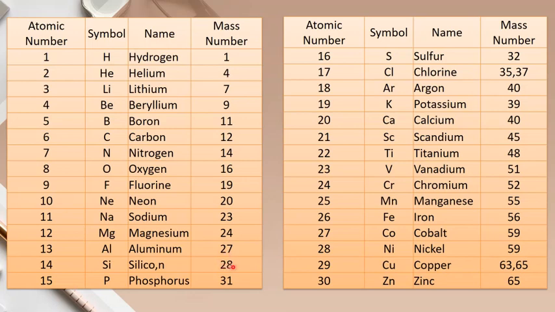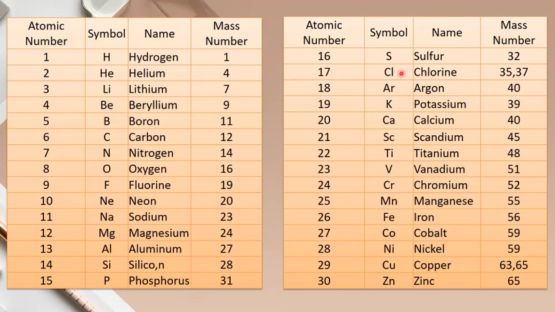Silicon, equal number of protons and neutrons, 14. Phosphorus also has 1 neutron more, that is 16 neutrons and 15 protons. Sulfur, equal number of neutrons and protons, that is 16. Dear students, look, chlorine has 2 mass numbers, 35 and 37. That means what? Chlorine has 17 protons.